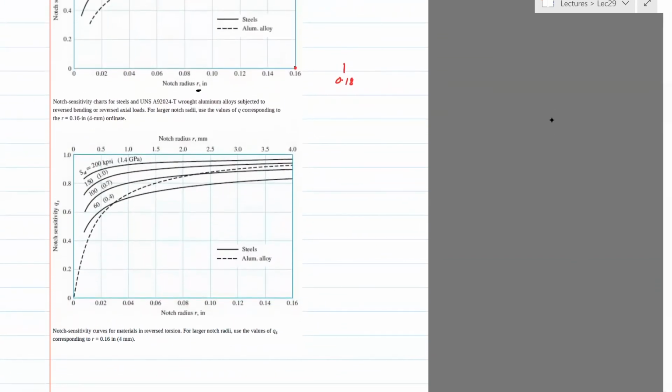Okay, so here again, we have 0.16. Now here the issue is that you can see that this line doesn't asymptote, it is actually sloping. So you probably get an error there, but if it's not given, then you're free to assume it to be whatever is available. So 0.16 and 100 kpsi is right here.